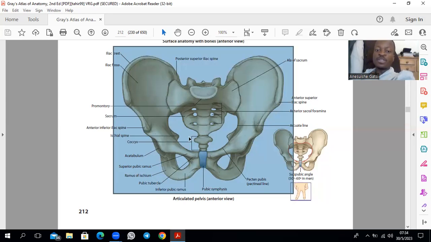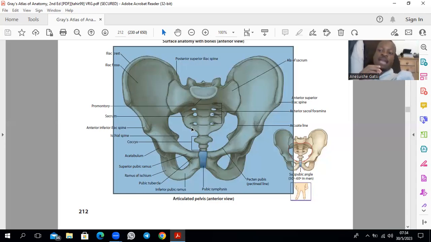The true pelvis houses most of the pelvic organs, and it's separated from the perineum below by the pelvic diaphragm, which brings us now to the walls of the pelvis. The pelvic diaphragm forms the floor, and it's made up of levator ani as well as the coccygeus.